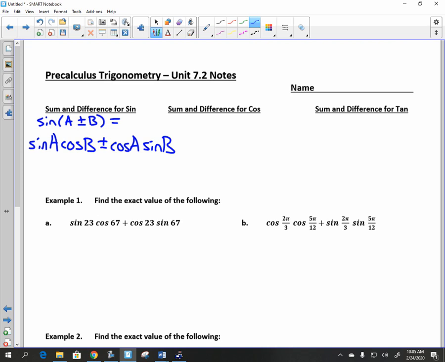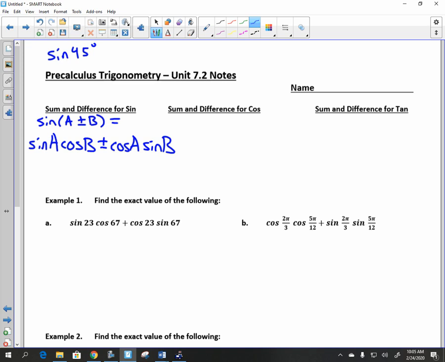I want you guys to try to understand the purpose of what we're doing. Suppose I have the sine of 45 degrees. Who here knows what the sine of 45 degrees is? Wow. All right. We have about 8 people. Excellent. Give Elise a round of applause. She got it. Root 2 over 2.